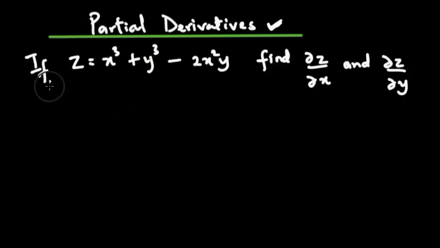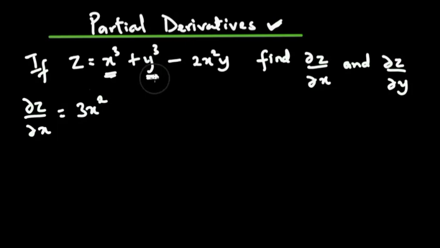Alright, we have a question here. If z equals x cubed plus y cubed minus 2x squared y, find the partial derivative of the function with respect to x and with respect to y. Alright, so when I differentiate my function partially with respect to x, I'm keeping y constant. So differentiating this gives me 3x squared. Y is constant, which means whenever you differentiate a constant, you have 0. It's just like differentiating 5, differentiating 6.